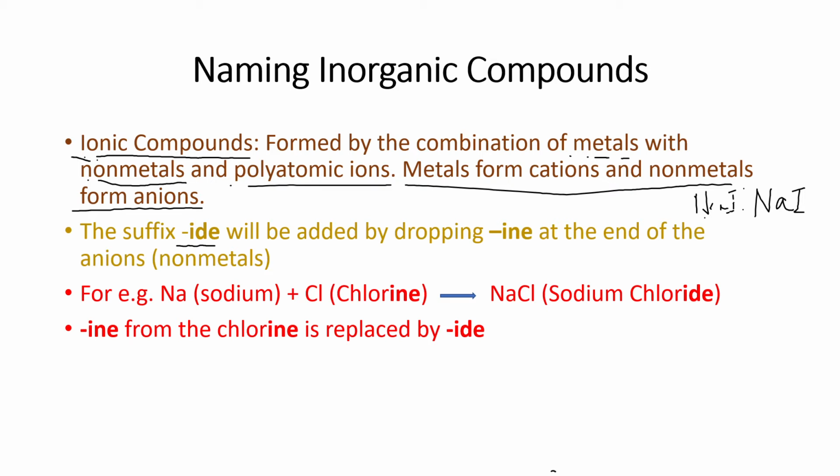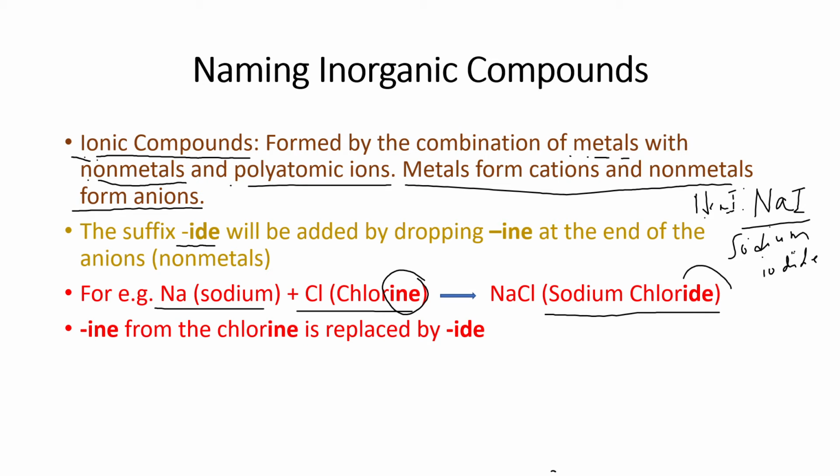So the name becomes sodium iodide, not iodine, it's iodide. Similarly, when sodium combines with chlorine, it forms sodium chloride. Now you see this -ine is replaced by -ide. In this way, we can write down the names for inorganic compounds.